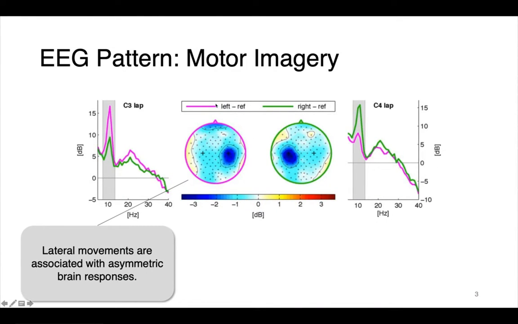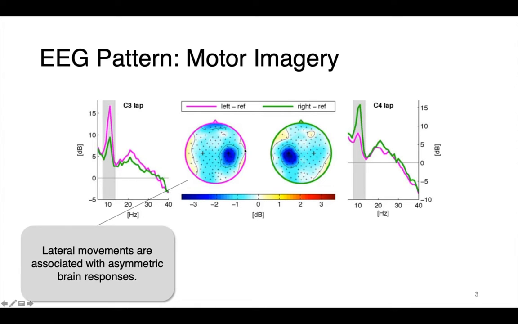So if it's left hand imagery, you can see there is high mu rhythm power at C3 and low mu rhythm power at C4. Okay, so here I say mu rhythm instead of alpha rhythm because when we talk about the frequency band around 10 hertz around the motor area, it's mu rhythm.